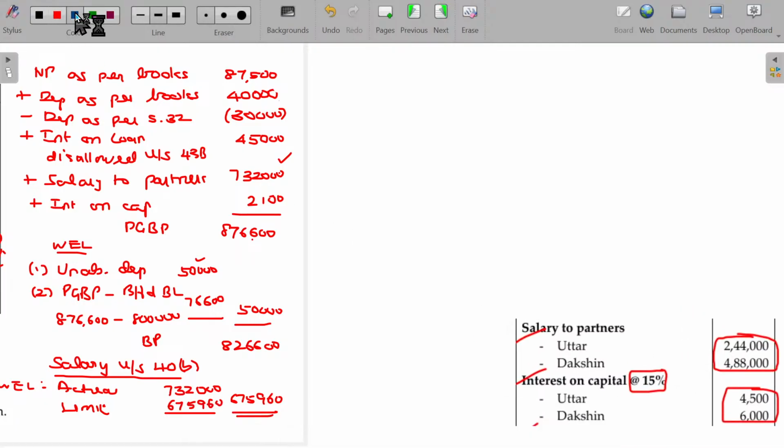Now, what happens here? You have to find out the profit or loss for the partnership firm. PGBP before remuneration 8,76,600. From that you can subtract what?